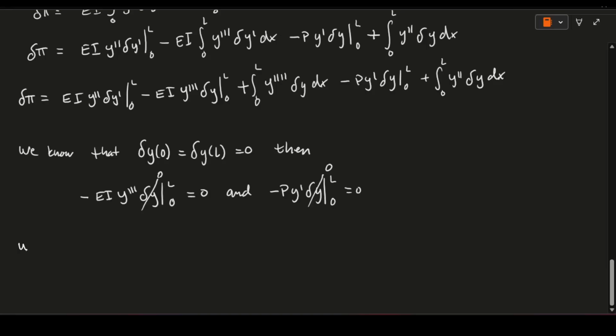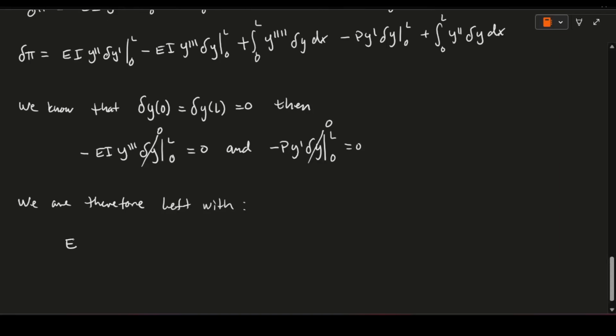We are therefore left with this part, EI y prime prime del y prime from 0 to L, plus this integral from 0 to L of EI y prime prime prime prime plus P y prime prime, del y dx.